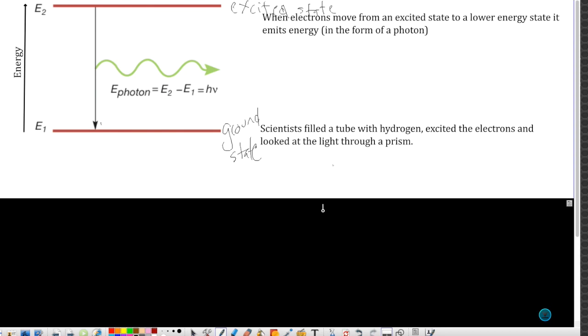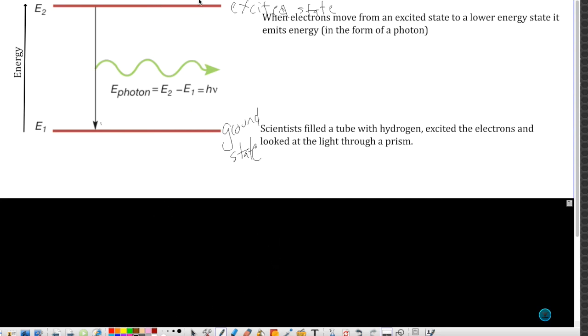So what scientists did is they filled a tube with hydrogen, excited all the electrons, and looked at the light through a prism. What they were expecting to see is basically a rainbow, with lots of different transitions possible.